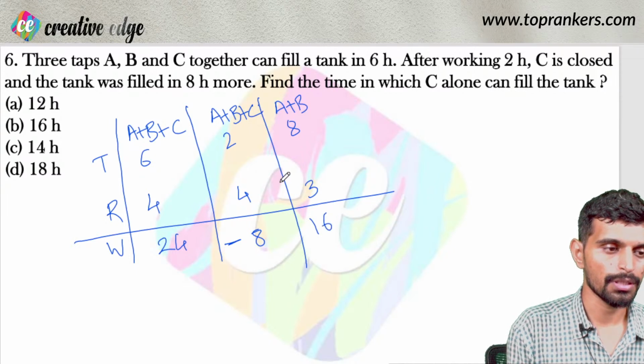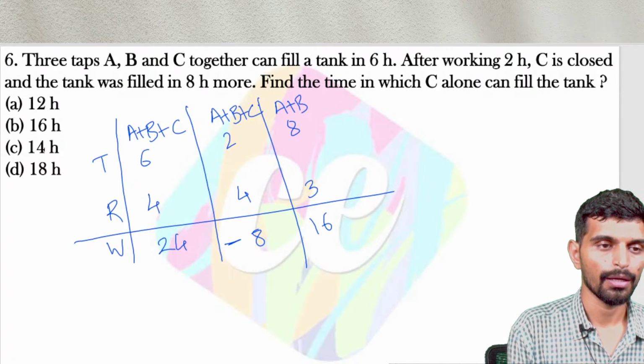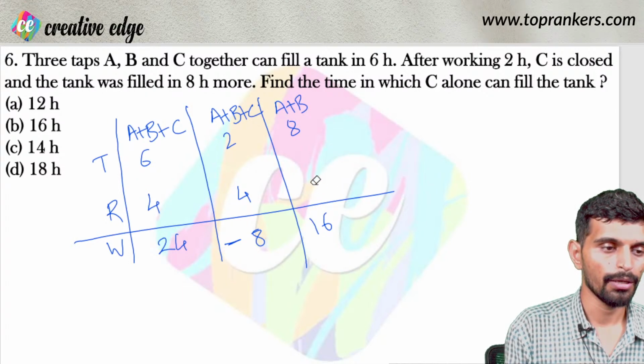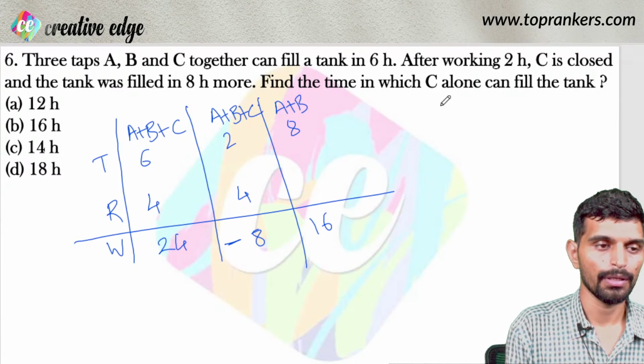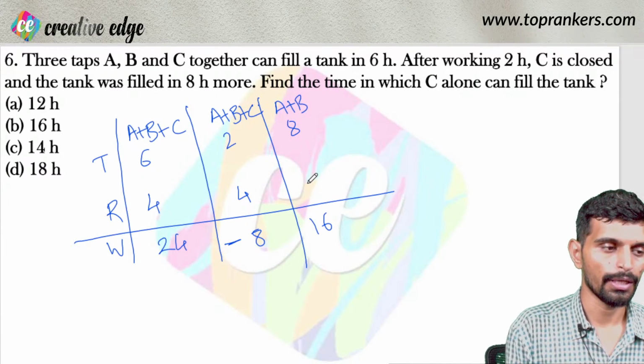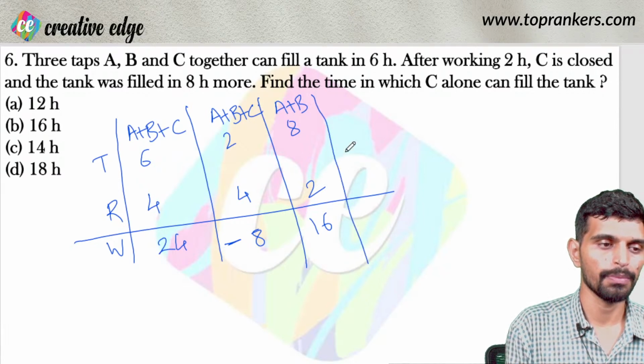And 16 units are to be completed by A and B in 8 hours. So they do the work at a rate of 2 units per hour.